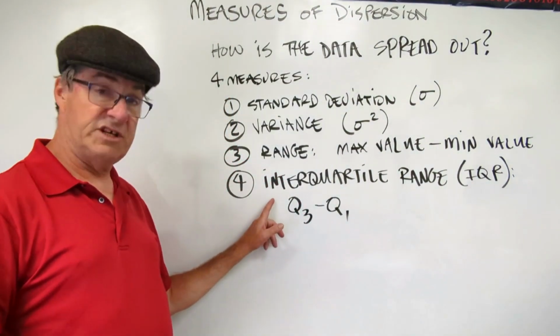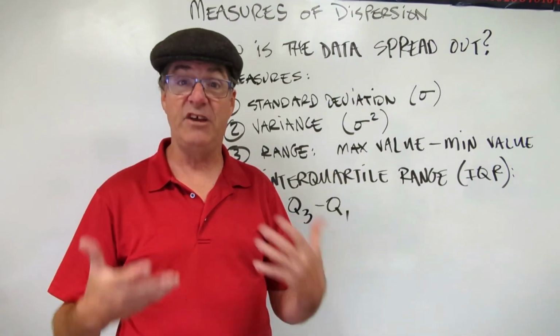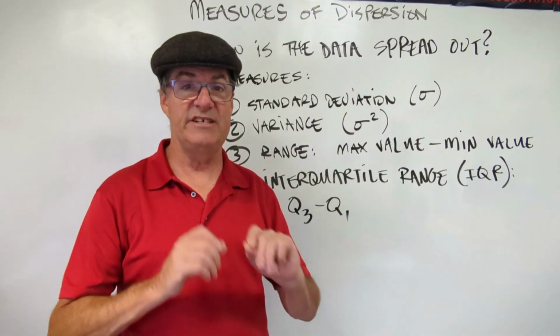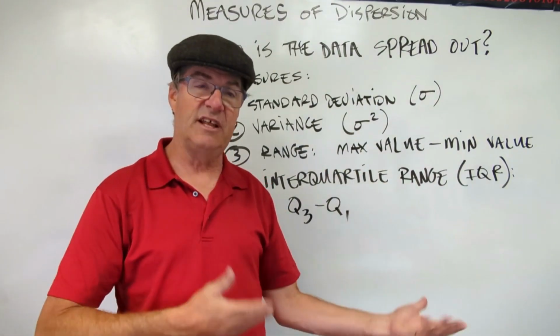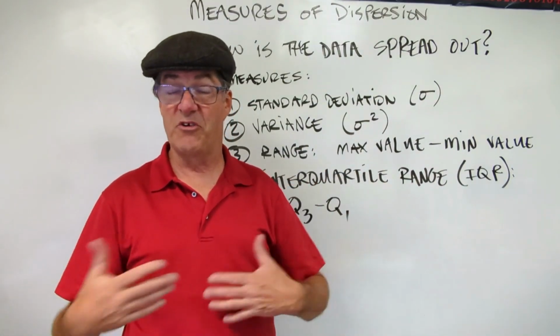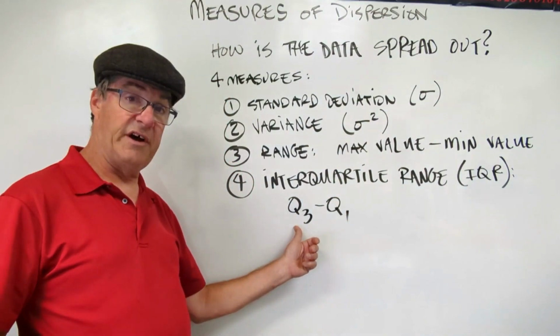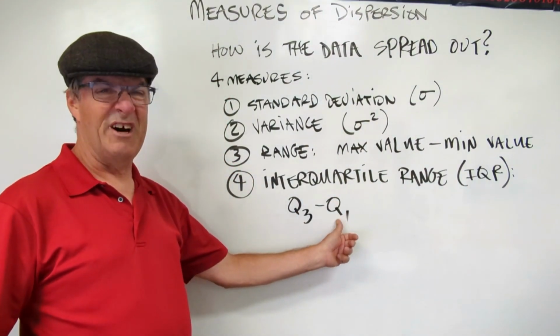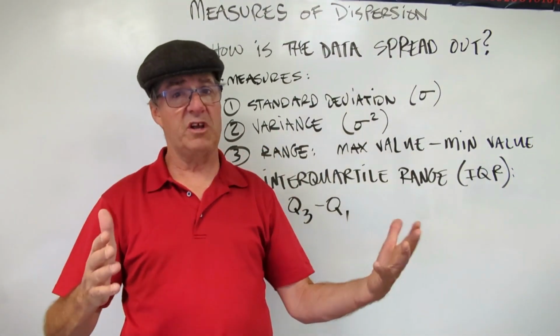Finally, interquartile range. This is a little bit more complicated, but it's kind of like range, except that it has a nice feature of excluding the outliers, which, as we know from our last lesson, can skew the data one direction or another. So the interquartile range is just the third quartile minus the first quartile. And before we jump into that, the quartiles are pretty straightforward conceptually.